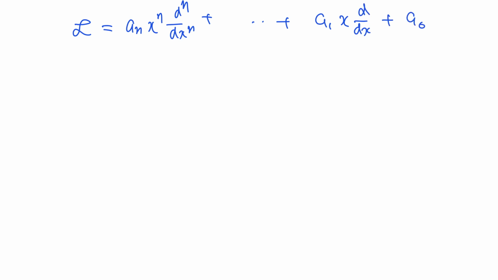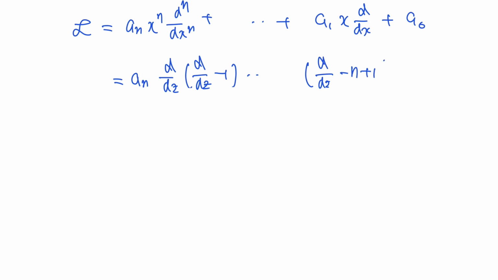But it can be effectively transformed into the following: a_n d/dz (d/dz minus 1) ... (d/dz minus n plus 1) and so on plus a1 d/dz plus a0.